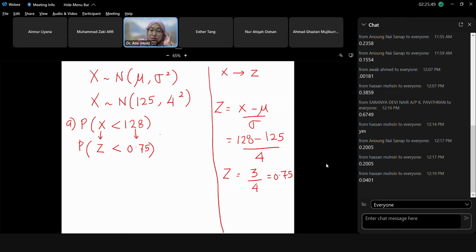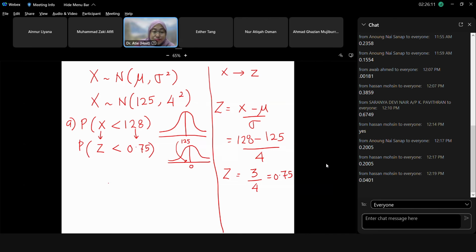Let me explain. When they are in the X format, the mean is 125. But when we convert that to standardized Z, this becomes 0.